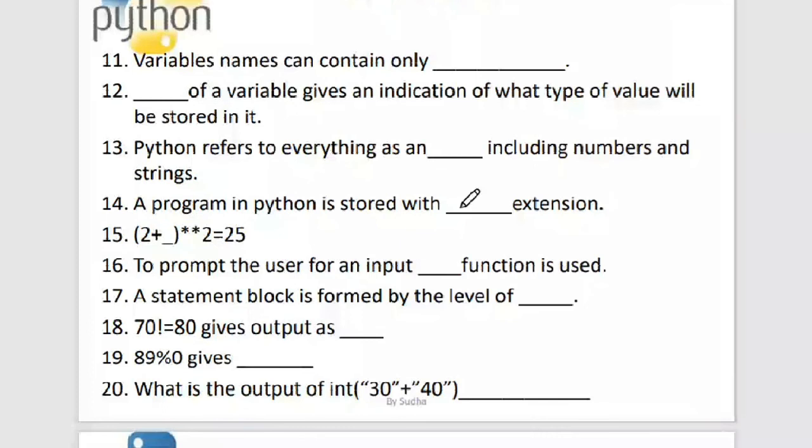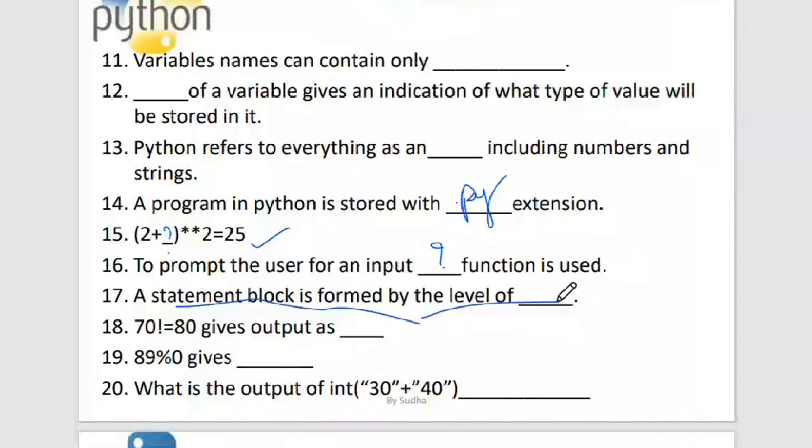Okay. So what will be the value over here? 3. Yes. Right. To prompt the user for an input, the dash function is used. Input function. A statement block is formed by the level of dash. Indentation.